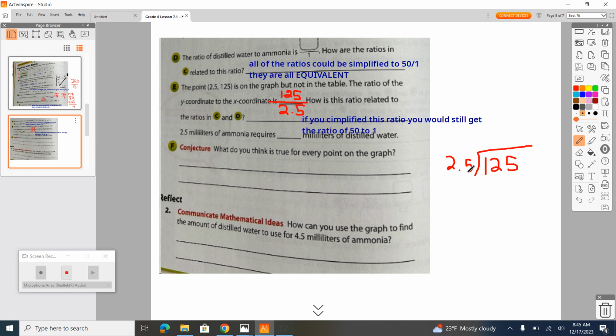So 2.5 milliliters of ammonia requires 125 milliliters of distilled water. What do you think is true for every point on the graph?